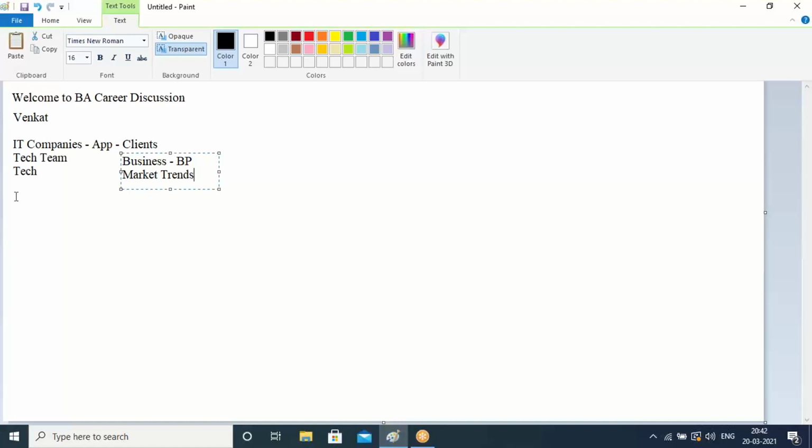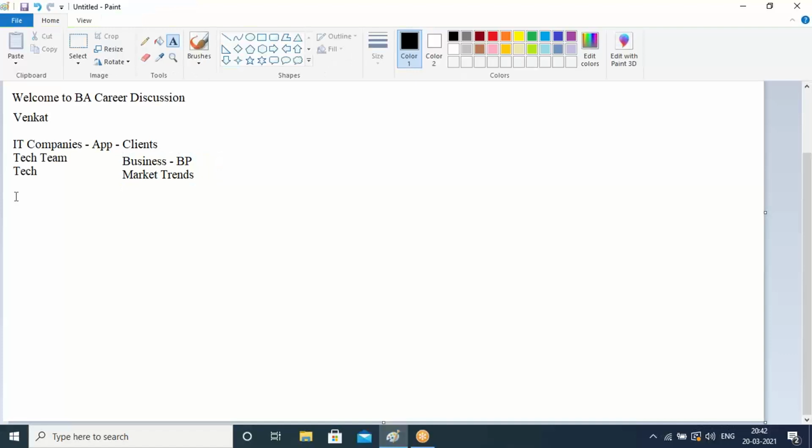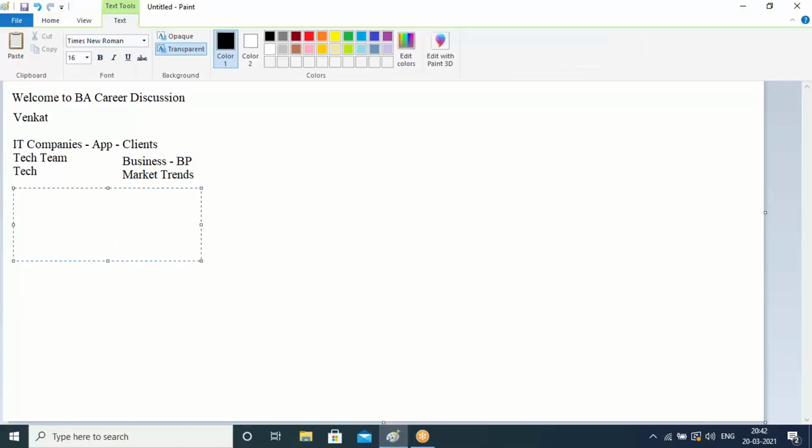To bridge this gap, a BA is introduced. The BA will be communicating with the client using business language, and with the technical team using technical language.